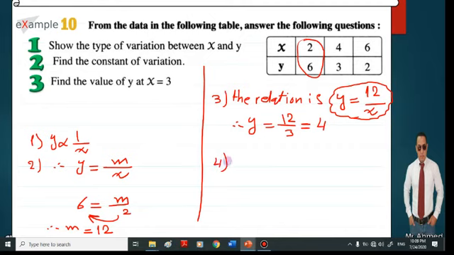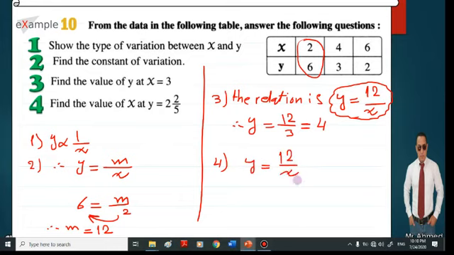Number 4, by using the same relation, find the value of x at y equals 2 and 2 over 5. Y equals 12 over x. Therefore 2 and 2 over 5 equals 12 over x.